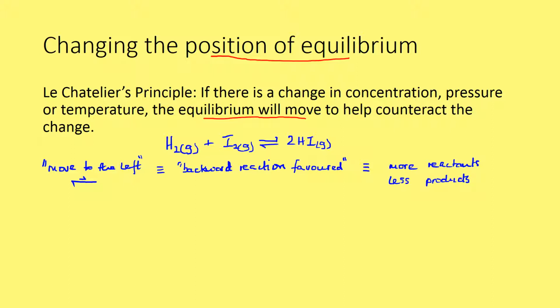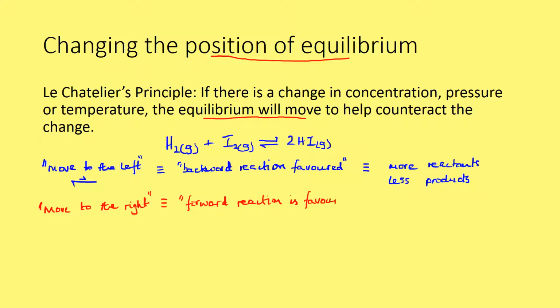If the position of equilibrium is going to move to the right, then the opposite is going to be true. So in a different color, let's say, okay, if you see something that says move to the right, so that's from left to right, then that of course is going to be the same as saying the forward reaction is favored.